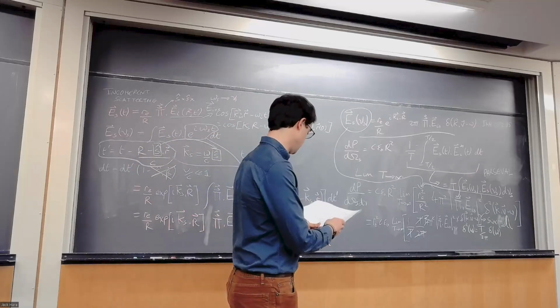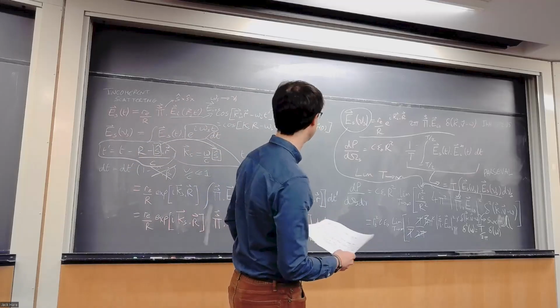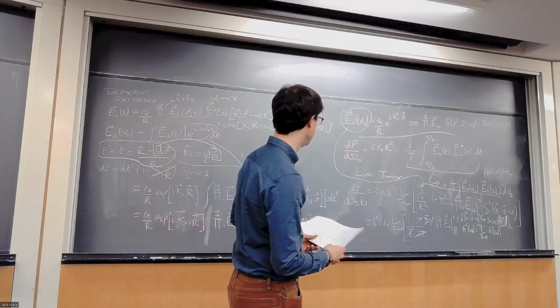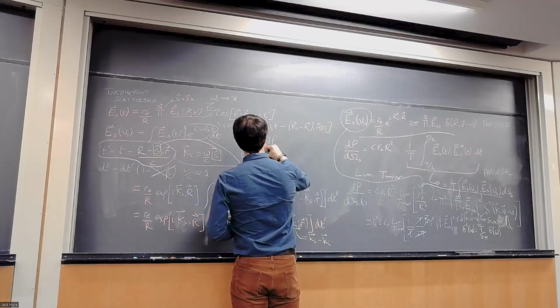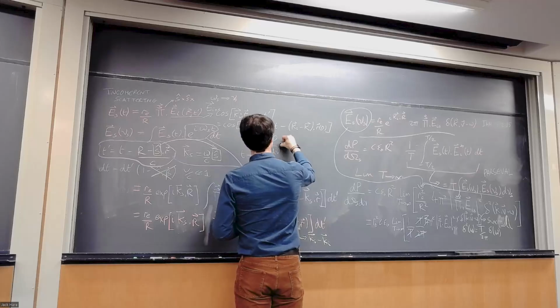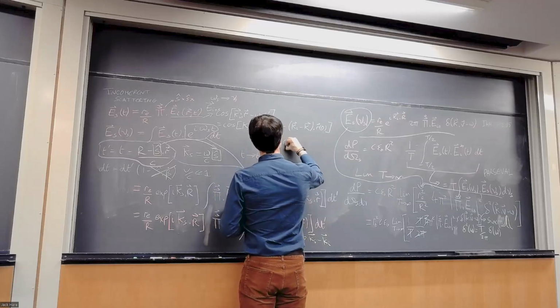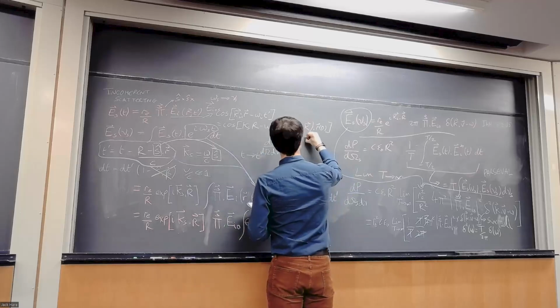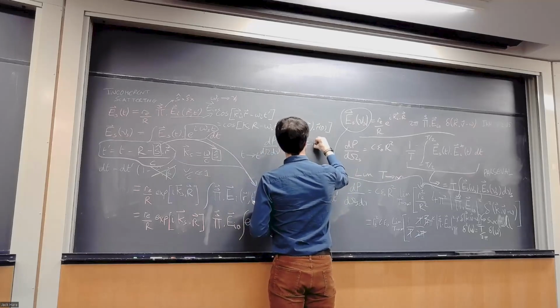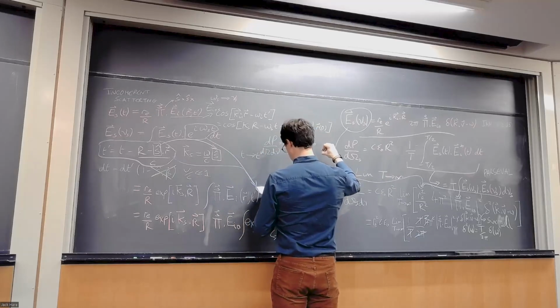And so the result is, I don't quite have space for it on this board, which is a real shame after we've come all this way. I shall write it here. dP d omega d nu is equal to r_e squared c epsilon naught E_I0 squared.